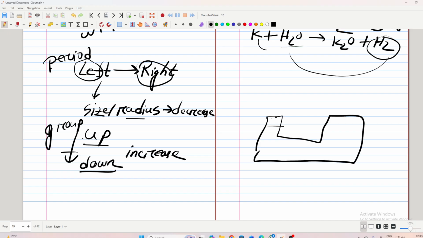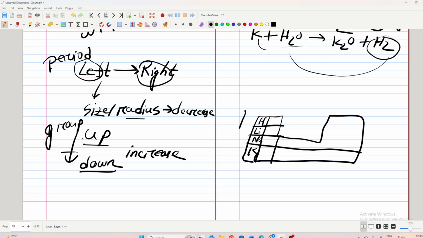So if I draw here hydrogen, here lithium, sorry, let me just draw it clearly so you will understand it. Let me just draw an atom. Okay, let's assume hydrogen, lithium, sodium and potassium.